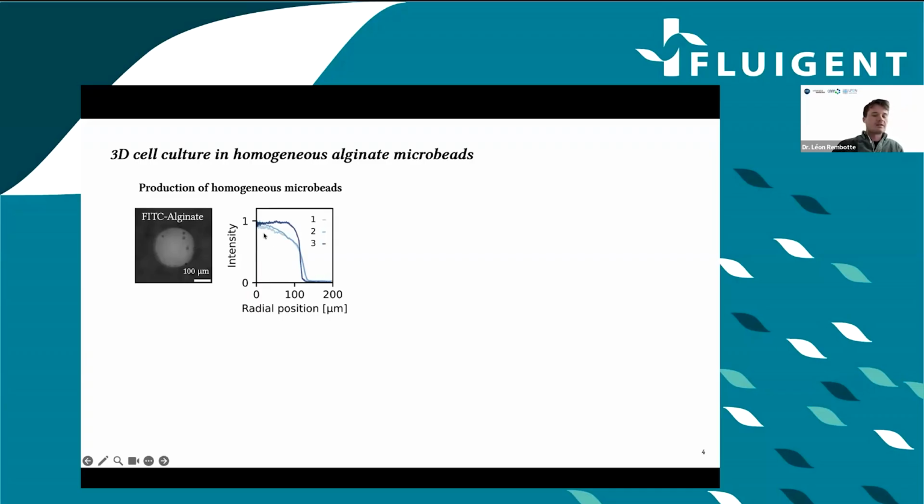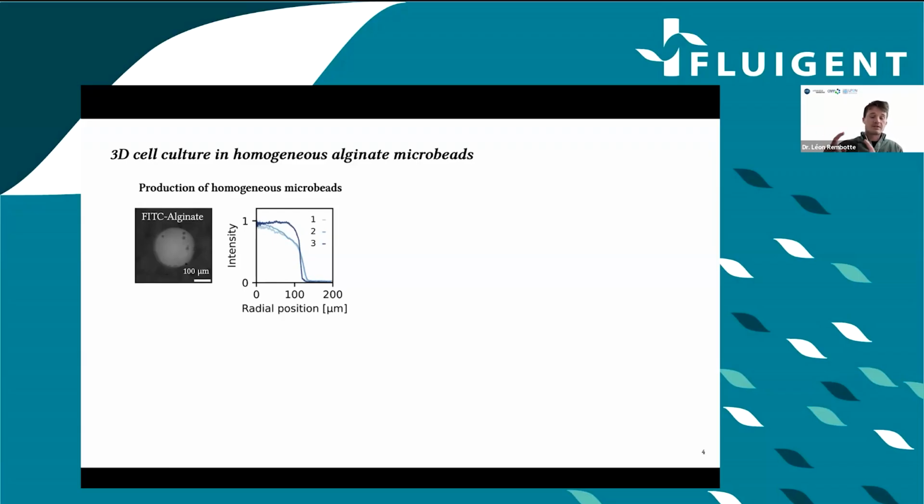And what you see here in the light curves is that we have a parabolic decay of fluorescence intensity as we go from the center to the edge of the alginate, which means that because there is more alginate in the middle and less alginate at the edges, we should have this decay.